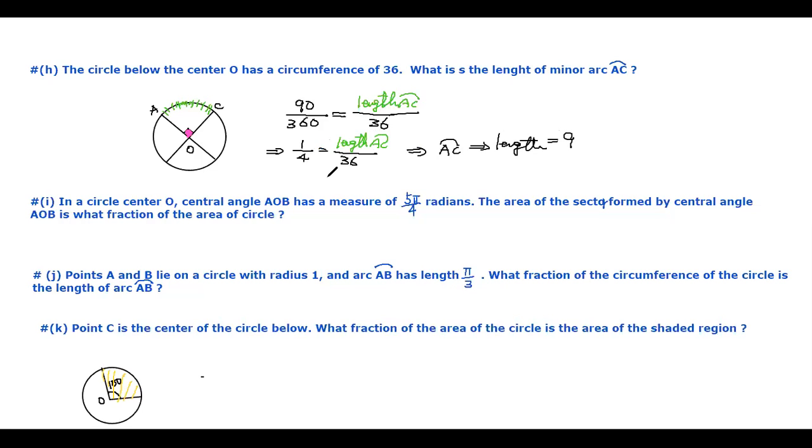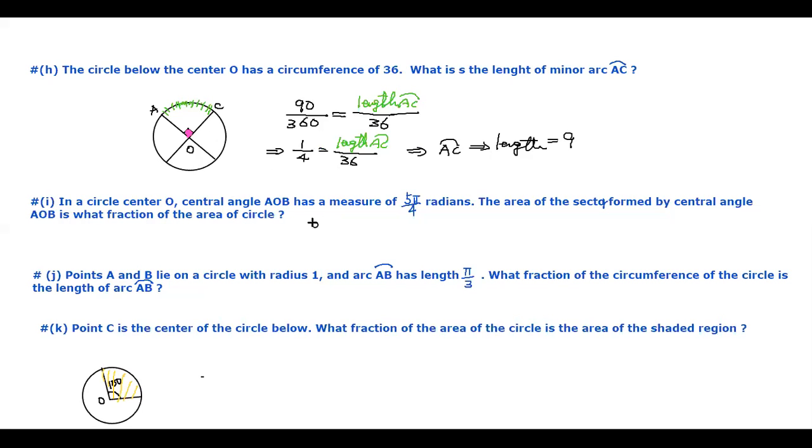Okay, the next one. They said in a circle with center O, central angle AOB has a measure of 5 pi over 4 radians. The area of the sector formed by the central angle AOB is what fraction of the area of the circle?